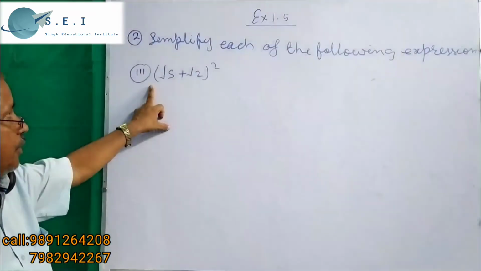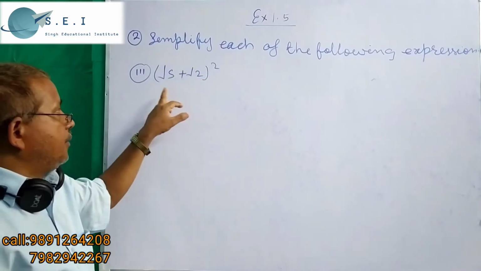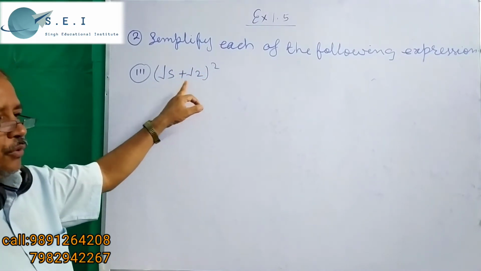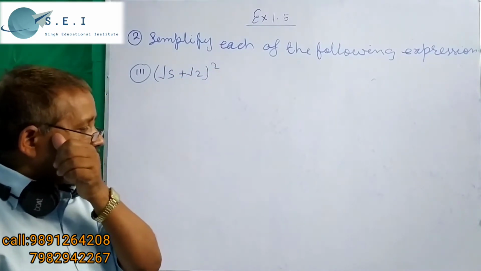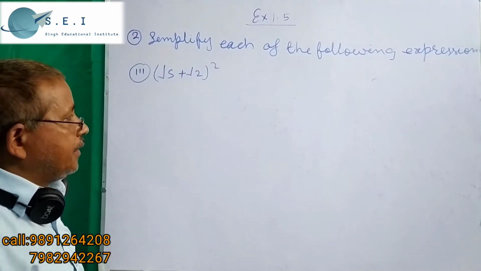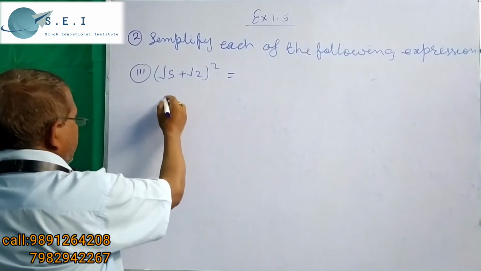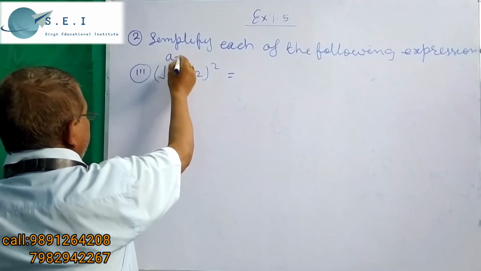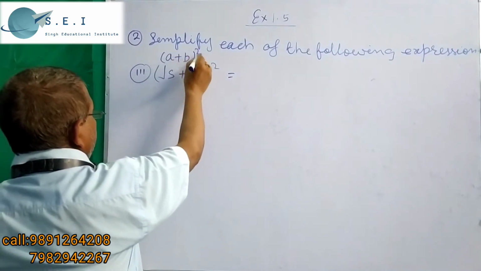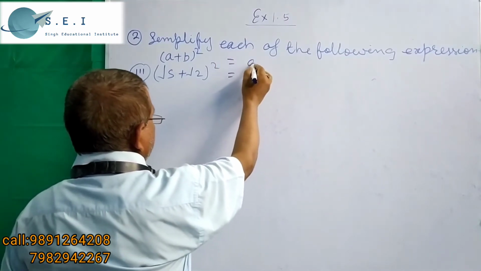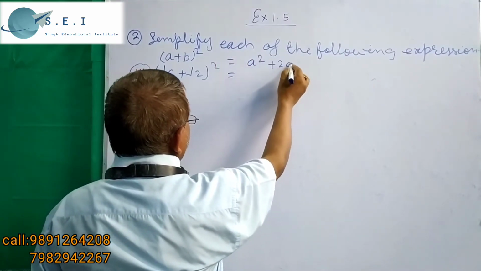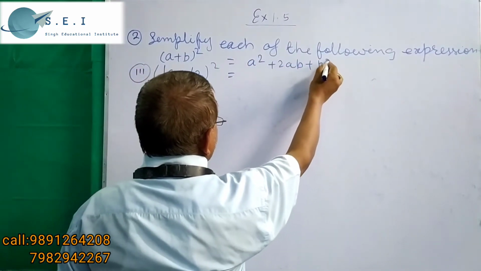Third part of question number 2, exercise 1.5: root under 5 plus root under 2 whole square. Expand it using a plus b whole square. Write the identity: a plus b whole square is equal to a square plus 2ab plus b square.